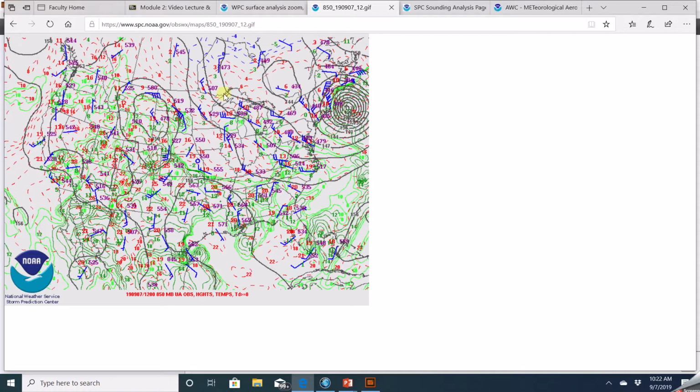So, for example, here, up in Canada, we have 473. If I add a 1 to that, it's 1473 meters. That's actually the height of the 850 millibar surface right here, from the ground. Not from this ground here, but from the actual sea level pressure. So again, the 850 millibar surface is actually below ground sometimes in the Rocky Mountains, for example.